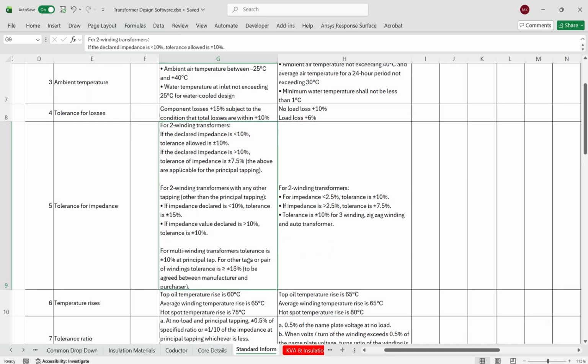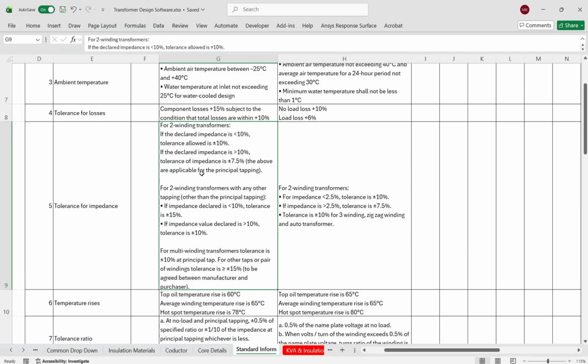That is a very important thing for the impedance. That is the tolerance of the impedance for two-winding transformer. If there is a declared impedance and it is greater than 10%, the tolerance allowed is plus minus 10%. If the declared impedance is less than 10%, then the tolerance on impedance is plus minus 7.5%.